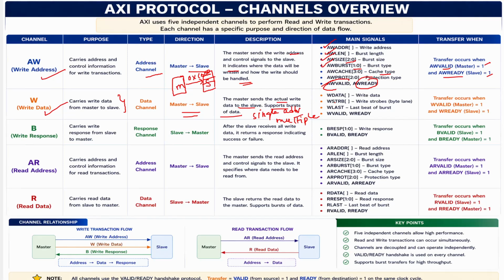The main signals we use in the write data channel are W data and W strobe. The strobe tells you which byte lanes have valid data.